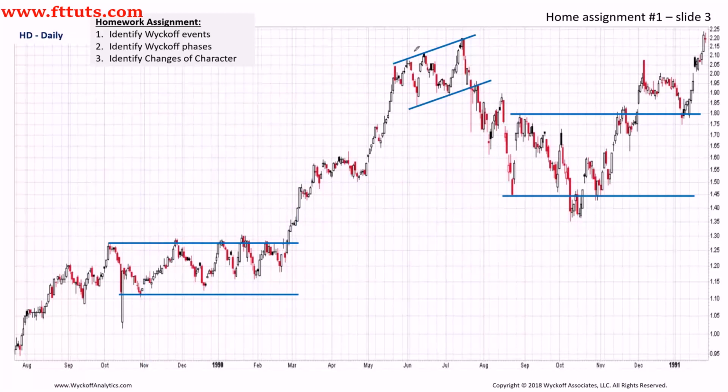Let's look at the distribution range. So what catches your eye there? It's an upsloping trading range. That's the first feature that strikes me. And after that is the buying climax, from the price action I could see.